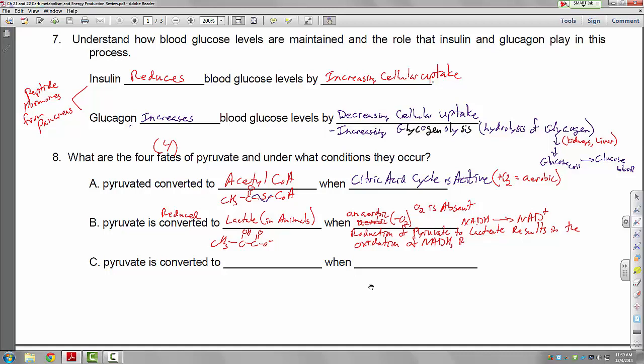Essentially, what this does is it recycles or regenerates NAD. And the key thing about NAD is this is necessary for glycolysis to continue.